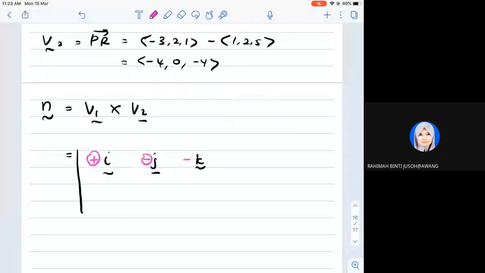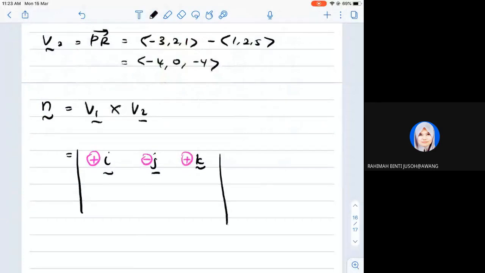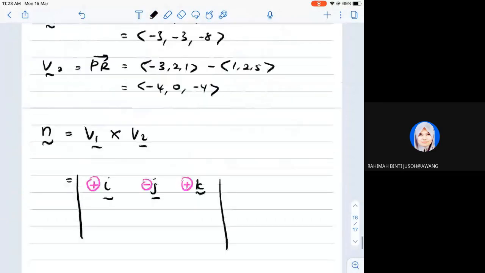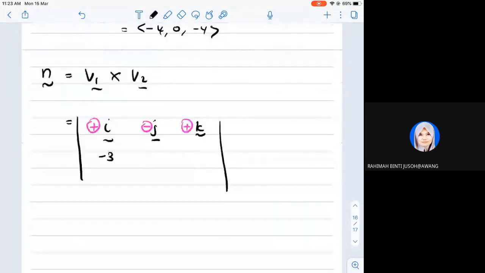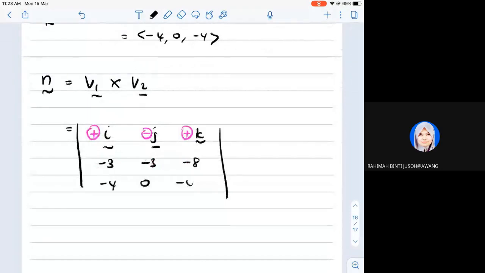And then close like this. So the first vector is -3, -3, -8. And then the second vector is -4, 0, -4. Like this.